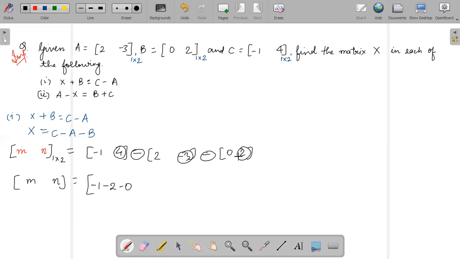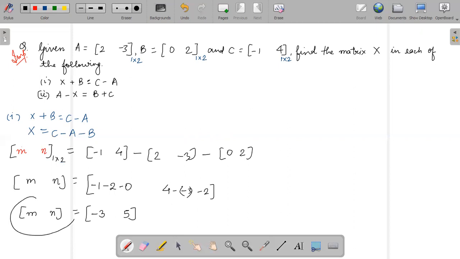और इसके साथ जो दूसरा फर्स्ट रो का सेकेंड कॉलम का एलिमेंट है, what would that be, 4 -3 -2. In fact this 4 -3 would become 4 + 3, तो नेक्स्ट स्टेप में क्या हो जाएगा, -1 -2 is -3, और ये -0 का तो कोई मीनिंग नहीं है, so simply this is -3. And 4 + 3, minus minus becomes plus, 4 + 3 which is 7, 7 - 2 is 5. So Mn आ गया.